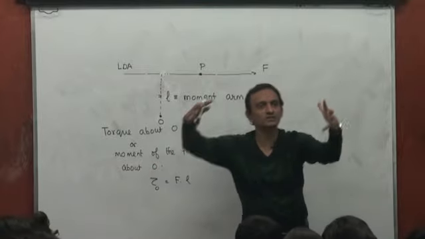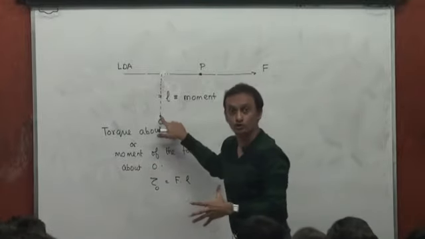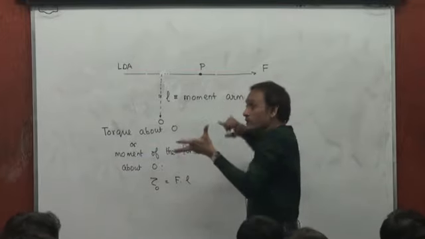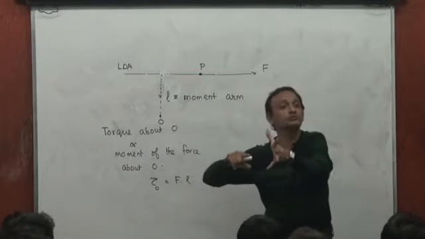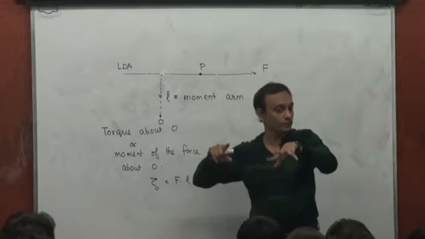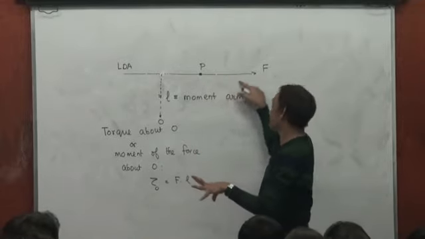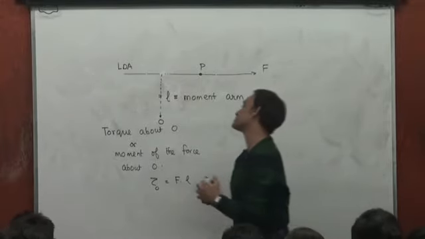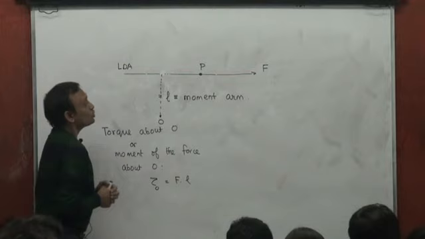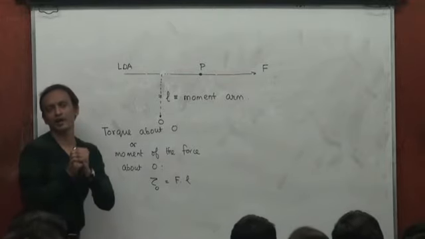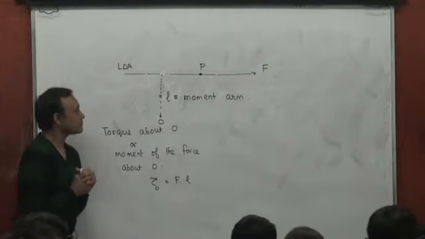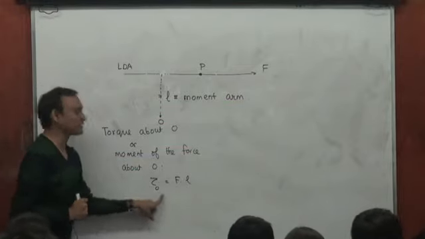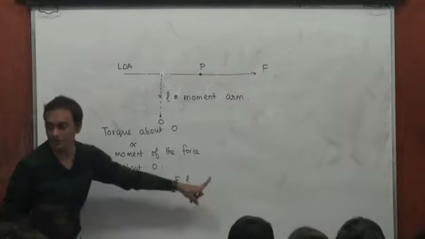But let's say I have a rigid body which is pivoted about O, and at a certain point of the rigid body a force F acts. Then the turning effect produced on the rigid body with respect to O is going to be the torque about O, which is F into the moment arm. This torque, or the turning effect about a certain point for a force, is a vector quantity whose magnitude is this.